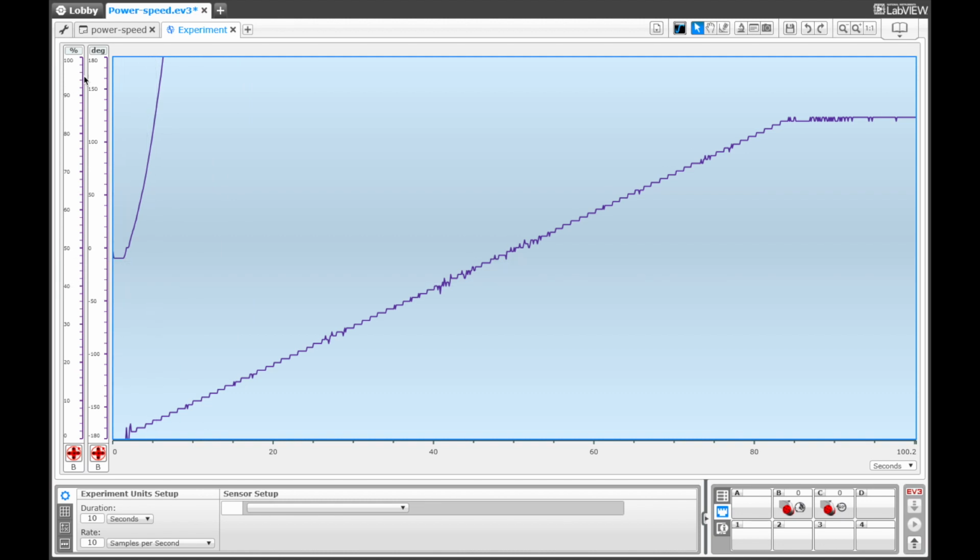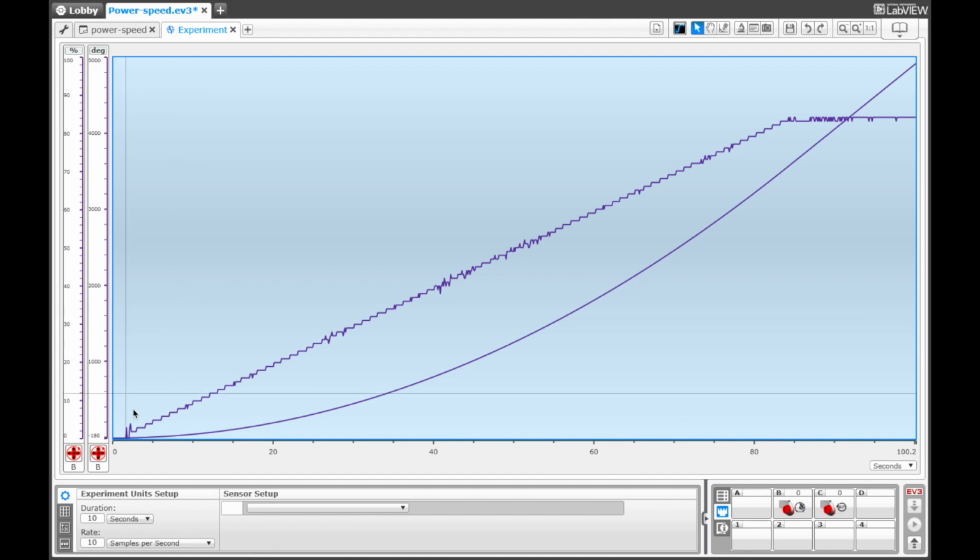The other graph really is the degree in rotation, which is a hyperbolic curve. Let's see if I can show you the maximum. Yeah, that's about 50,000 degrees that we run by the end of the 100 seconds. So you can change the scale here, but we are not actually interested in the total amount of degrees that we run by the end of the program.